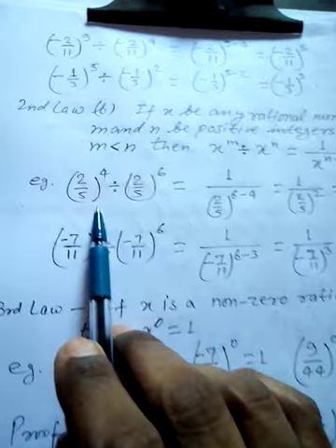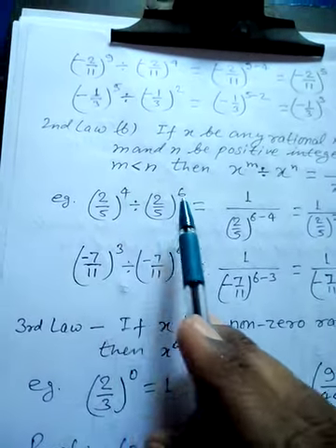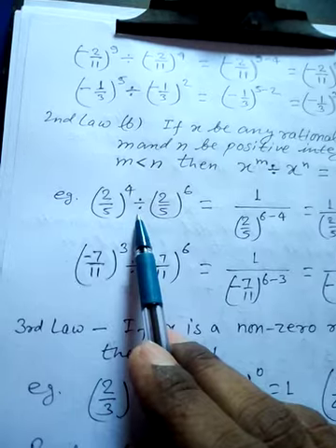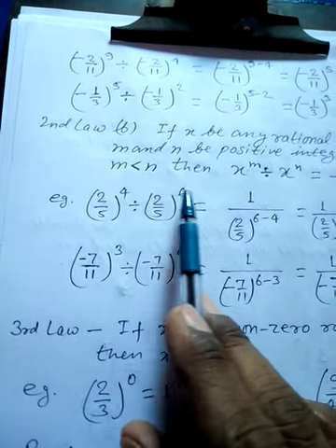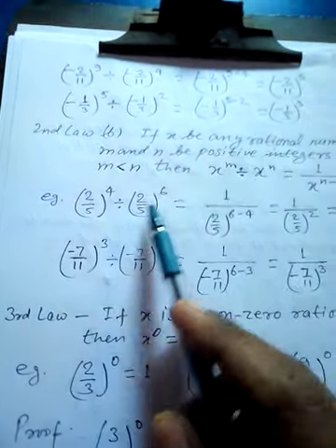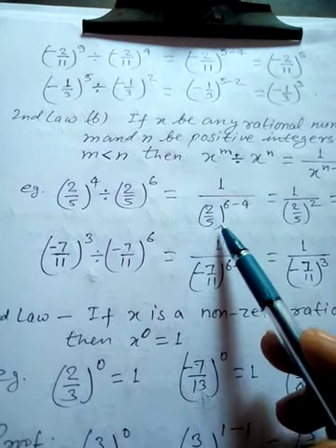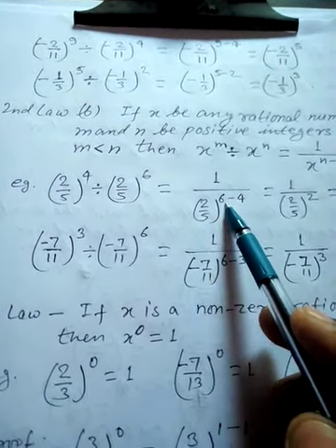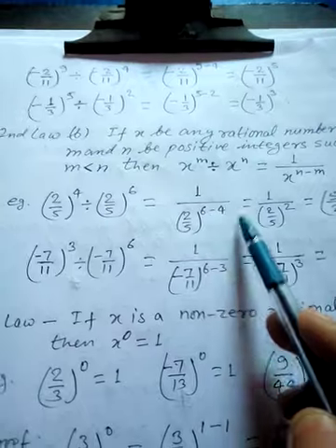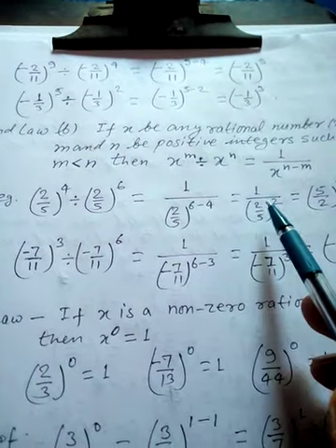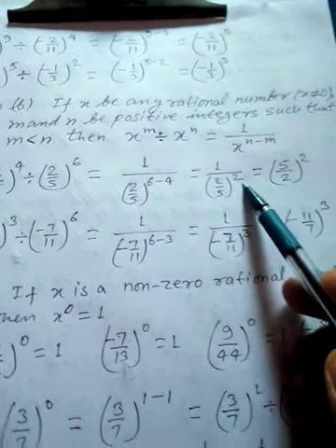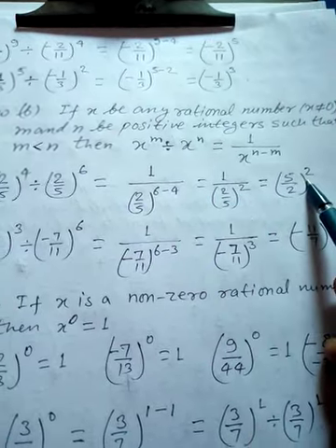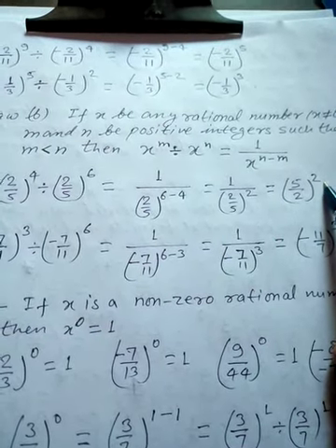For example, you can see 2 by 5 to the power 4 and 2 by 5 to the power 6 division. Here m is less than n, so you have to write directly 1 by 2 by 5 to the power 6 minus 4. And 6 minus 4 is 2, so 1 by 2 by 5 to the power 2. You can write it as a reciprocal, so 5 by 2 to the power 2.